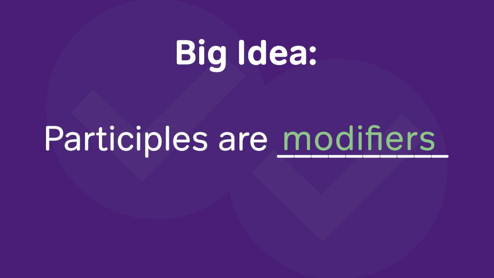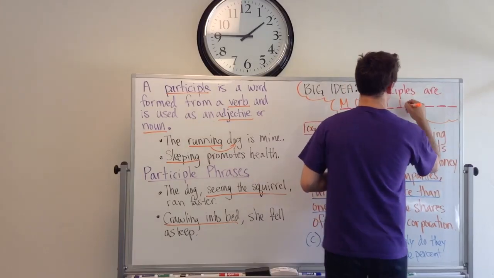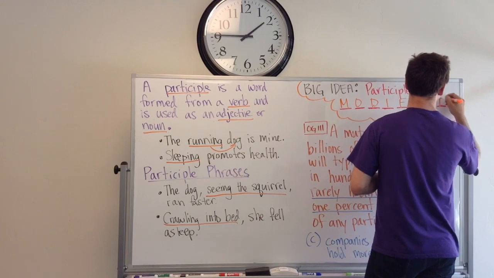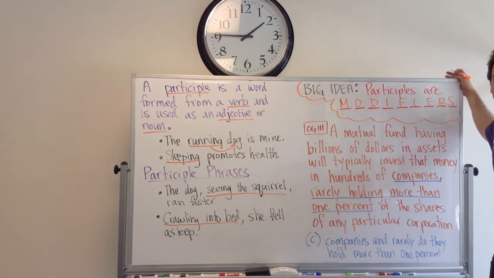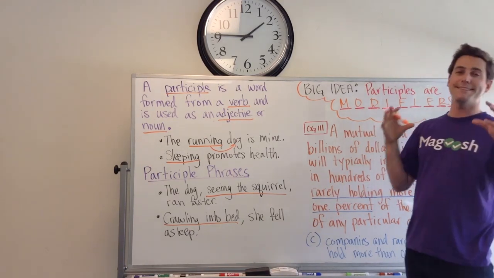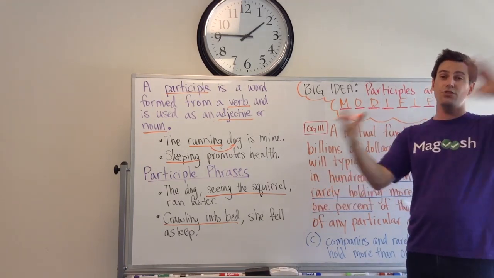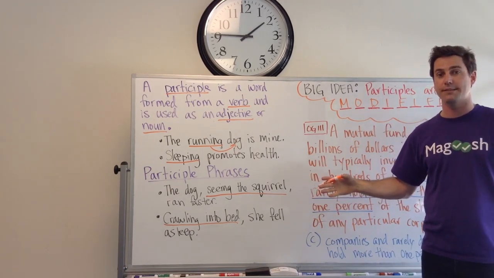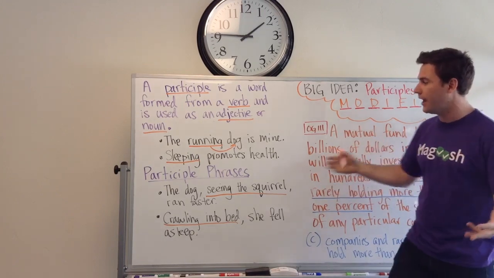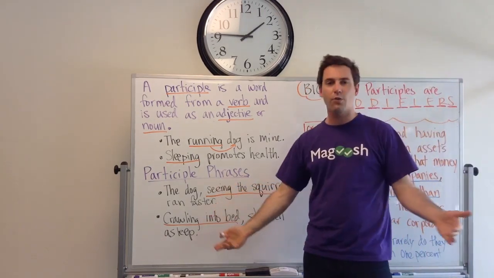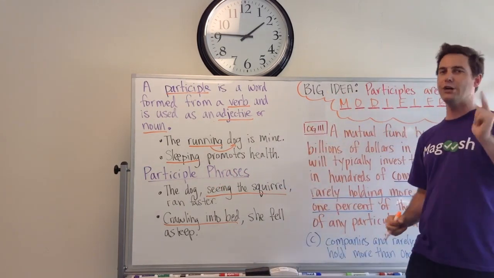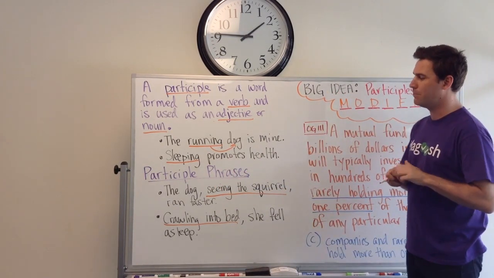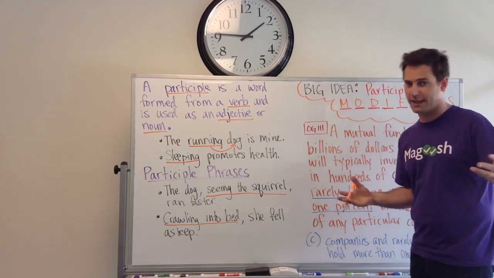So, modifiers. Excellent. Where this becomes tricky on the GMAT is you might see a participle phrase. They might use a very long participle phrase in a sentence, and you'll see a verb like seeing or crawling. You think, oh, there's the main verb of the sentence. But don't be tricked. They're putting that in there to complicate things.